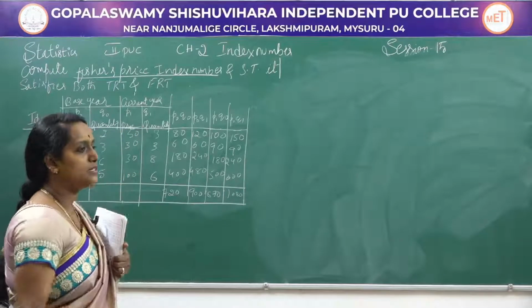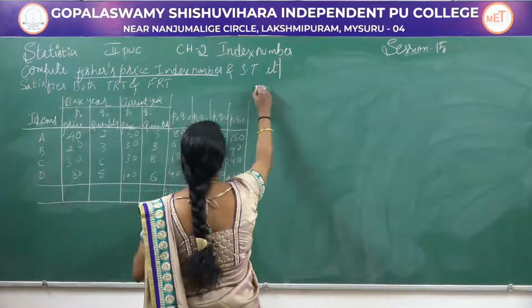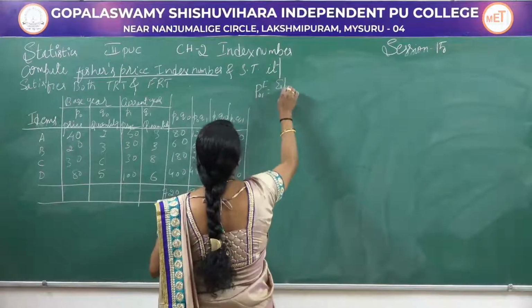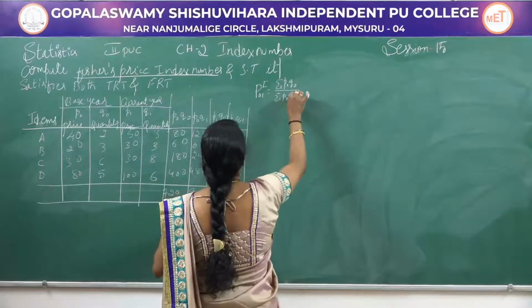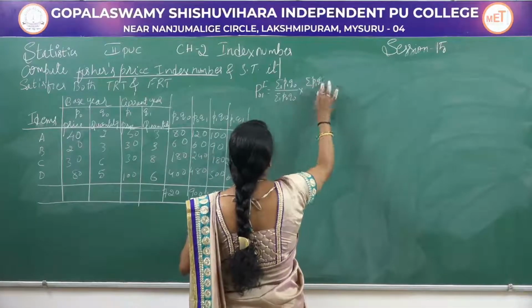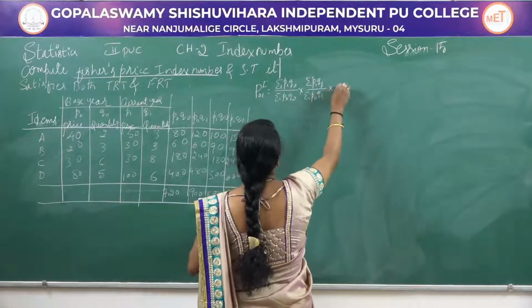The next part is we have to find out the Fisher's price index number. It is P01 of Fisher's is equal to the square root of summation of P1 Q0 by summation of P0 Q0 into summation of P1 Q1 by summation of P0 Q1, into 100.